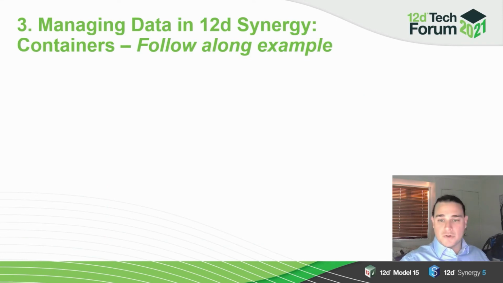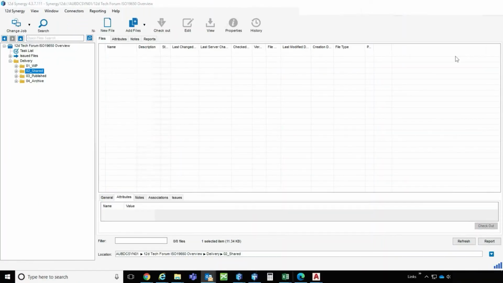Here I'd like to transfer over to a follow-along example in our example project or job in 12D Synergy. Here we can see on screen a very simple folder structure underneath an example job.